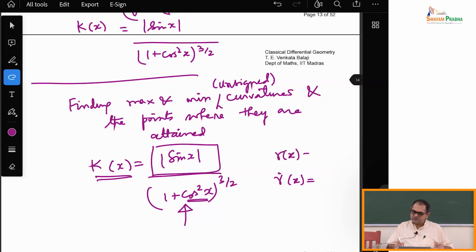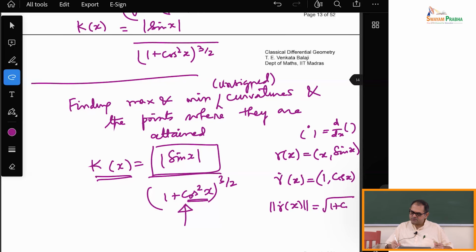Gamma x is just (x, sin x), and gamma dot x is (1, cos x), where the dot is d by dx. So the norm of gamma dot x is the square root of 1 plus cos squared x, which is always greater than 0. So this is a regular parameterization.